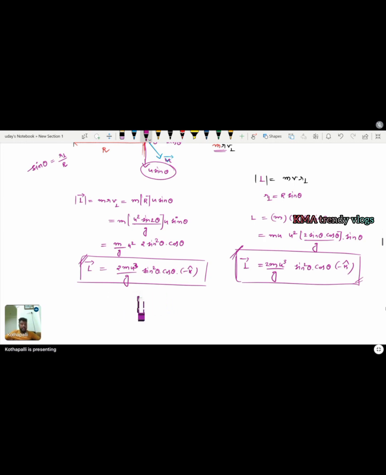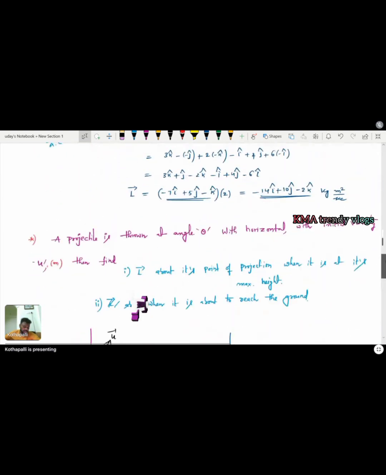Whether you take m r v perpendicular, or m v r perpendicular, or r bar cross p bar, or m into r bar cross v bar, whatever formula you use, the answer will be the same if you do it in the right way. So a different case but a very important case.